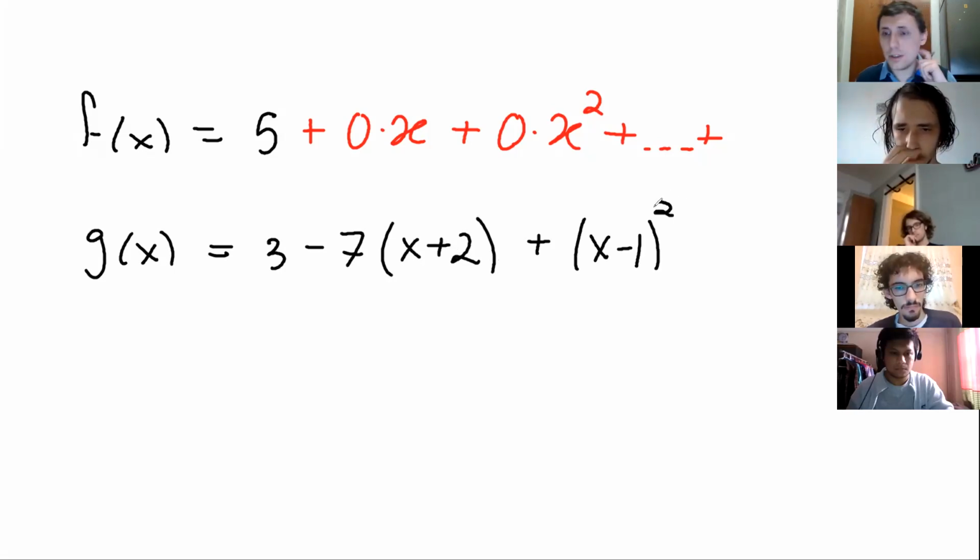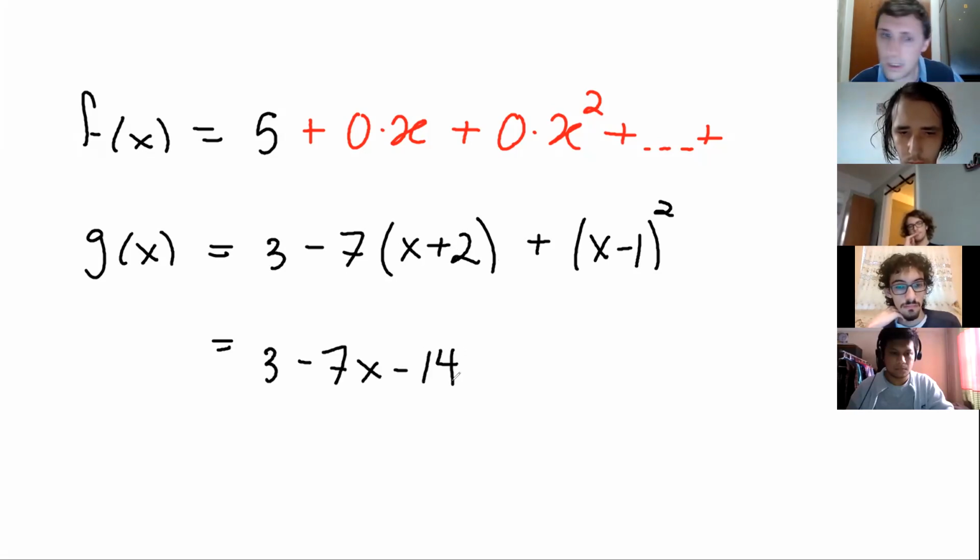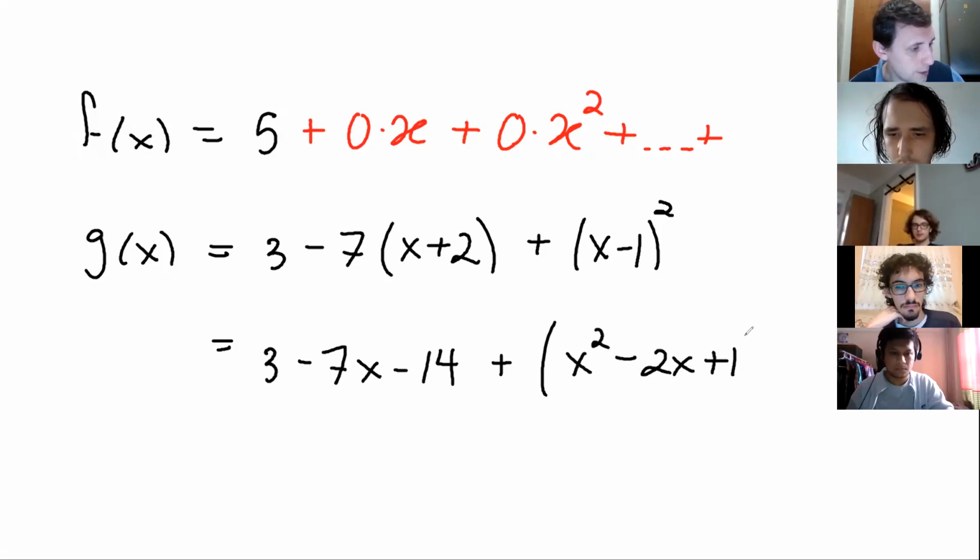You can see it's not in the form constant plus a constant times x plus a constant times x squared. But look what we can do here. We can write this as 3 minus 7x minus 14, yes? And then here I can expand (x minus 1) squared into x squared minus 2x plus 1. Do you agree?